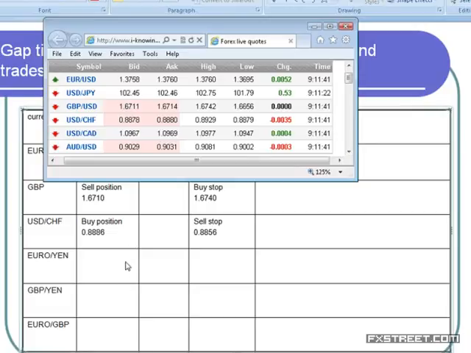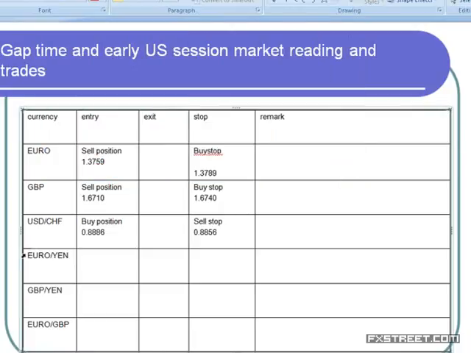It may lead to over trading. And already we have the AUD position, which is carried forward. This is a sell position.